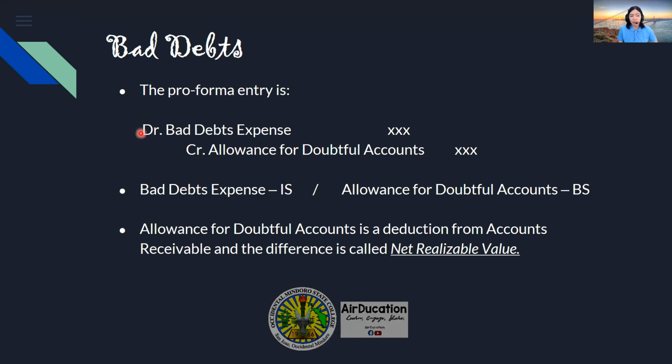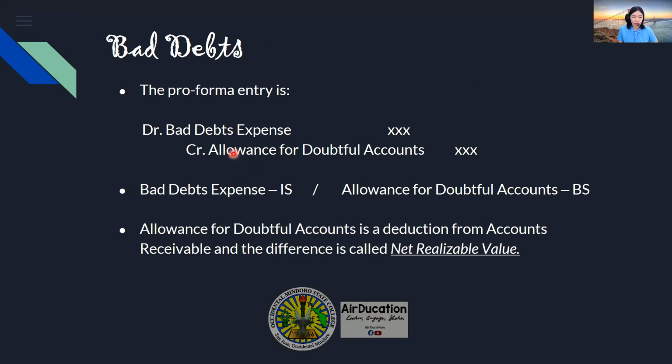So we will debit bad debts expense and credit allowance for doubtful accounts. Again, ma'am, para saan ba yung allowance for doubtful accounts? So naglalagay lang tayo ng allowance for doubtful accounts for the accounts receivable account para mabawasan din yung value niya sa balance sheet.